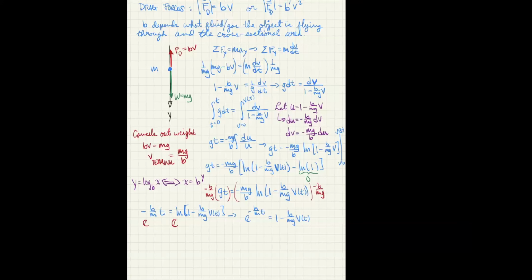Working with that a little bit more, we can see that we'd have v of t times b over mg is equal to 1 minus e to the negative b over m times t, like that. Now I'm going to multiply both sides by mg over b.